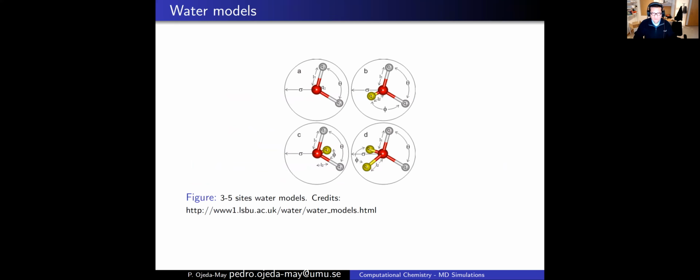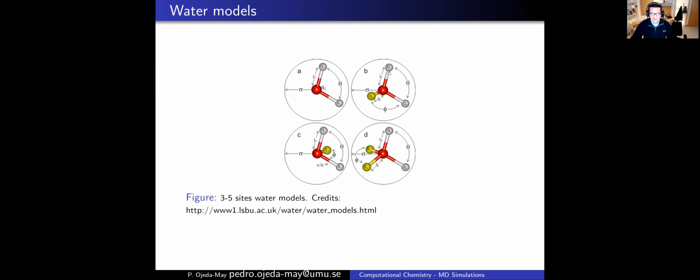So these are some models for water. Water is very important in some systems, for instance, in spectroscopy. And the quality of the water will depend on the model. Here we are seeing the so-called three-site model, because it involves only 3 atoms.